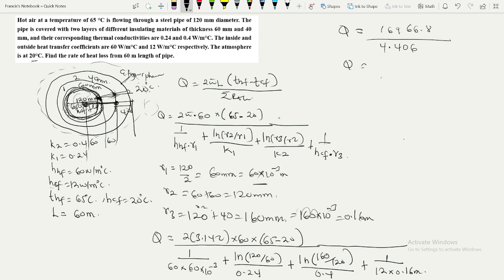So our Q now becomes 16966.8 over 4.406, and then we have 3850.84 watts. So that becomes the rate of heat loss from the 60 meter pipe.